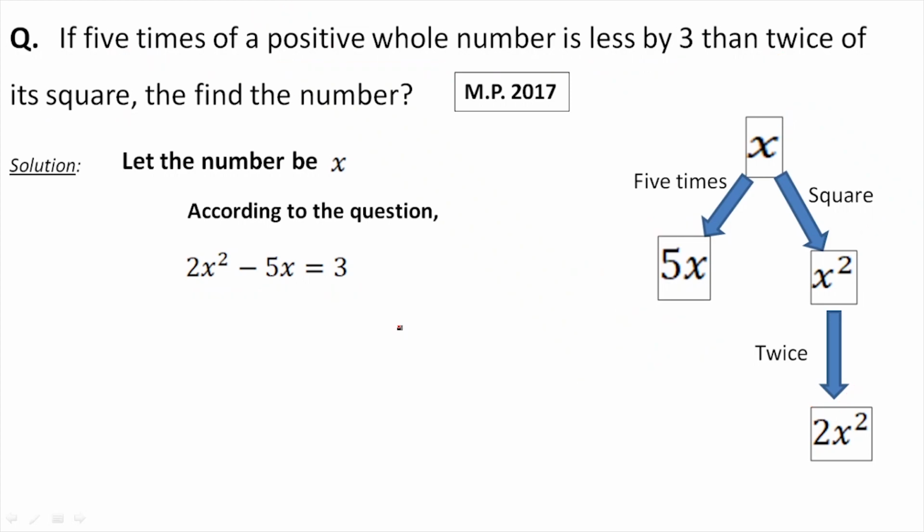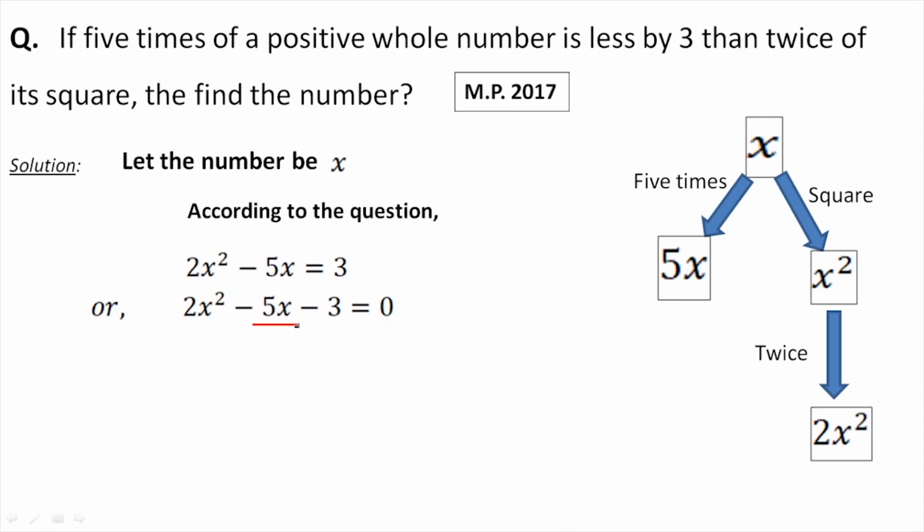So this is how we frame a quadratic equation from a word problem. Now we bring 3 onto this side, so we get 2x square minus 5x minus 3 equals 0. Now we apply breaking the middle term.